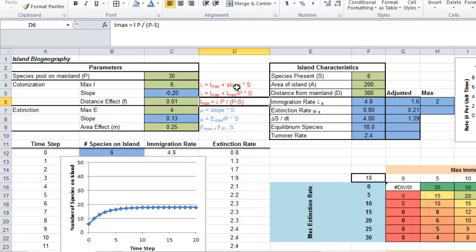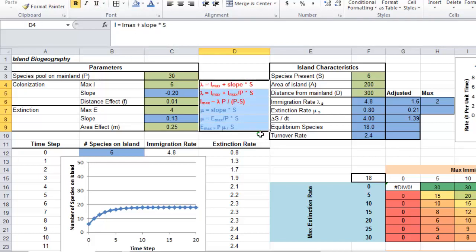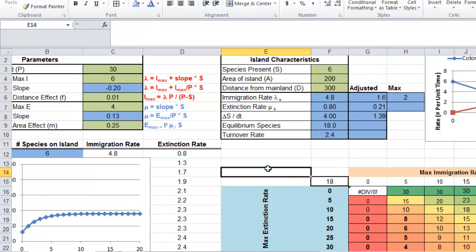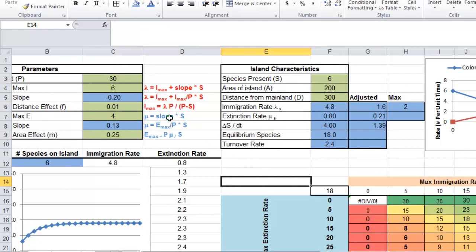And let me make all of these a little bit darker so you can see these equations, and I'll blow those up a little tiny bit. So here now we have a formula for calculating I max, which we've done here, and E max when we use these adjusted rates. So let's enter in cell H7 the E max under these adjustments.